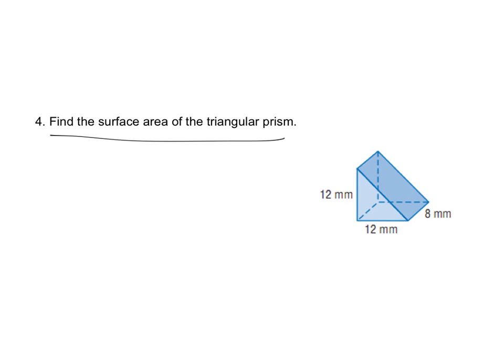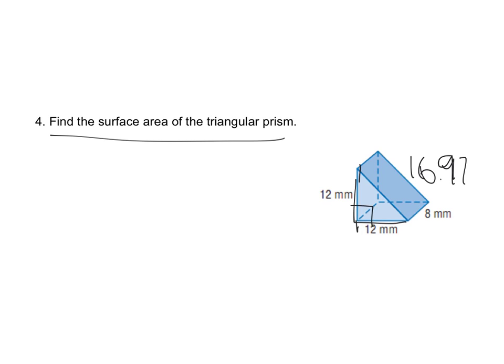So find the surface area of the triangular prism. Once again, this is going to be a right triangular prism. So that's going to go 12, 12, 12. So this is going to be 12. So this length is going to be 16.97.